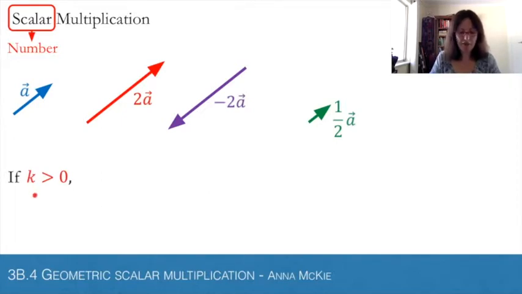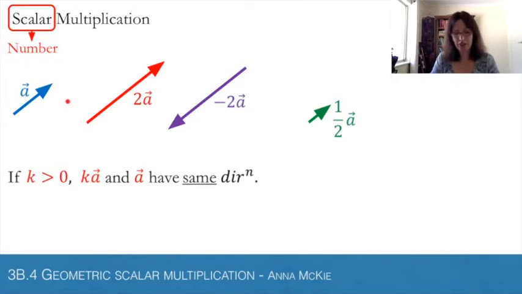Just to summarise that, if K, the scalar that would be sitting out the front of A, is greater than 0, Ka and A have what in common? They've got the same direction, as you can see that they're going in. Not this one though, because that falls into this category.